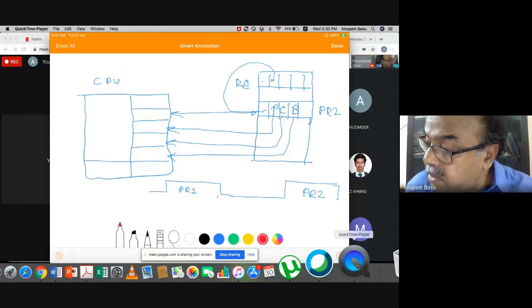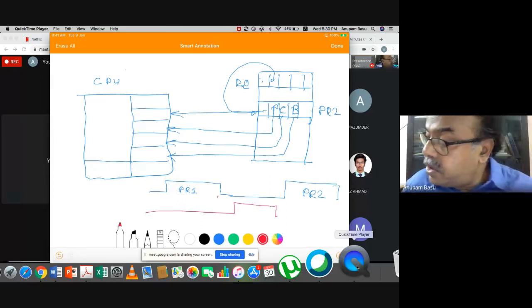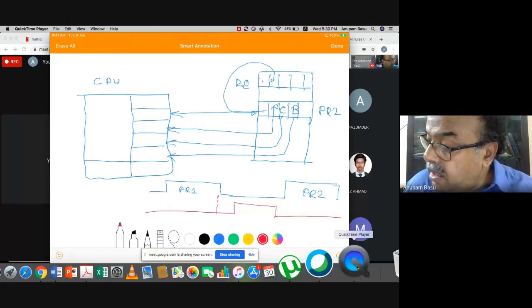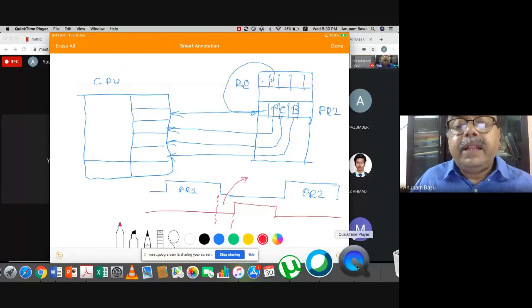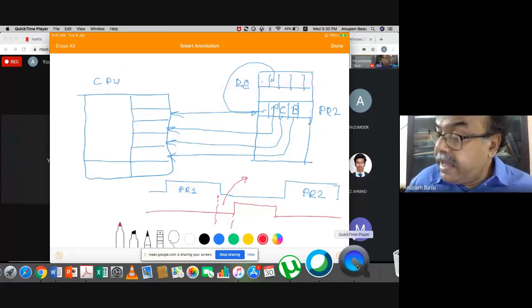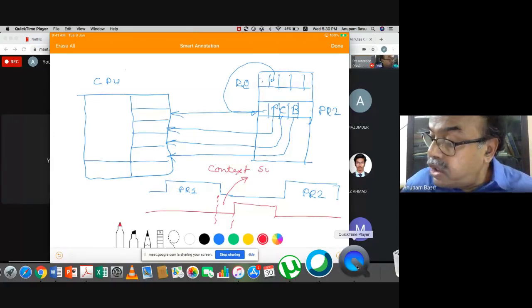The operating system should be active here, again with a particular delay. This part is a delay, a time that is lost, and this has got a name: context switching overhead, or context switching time.